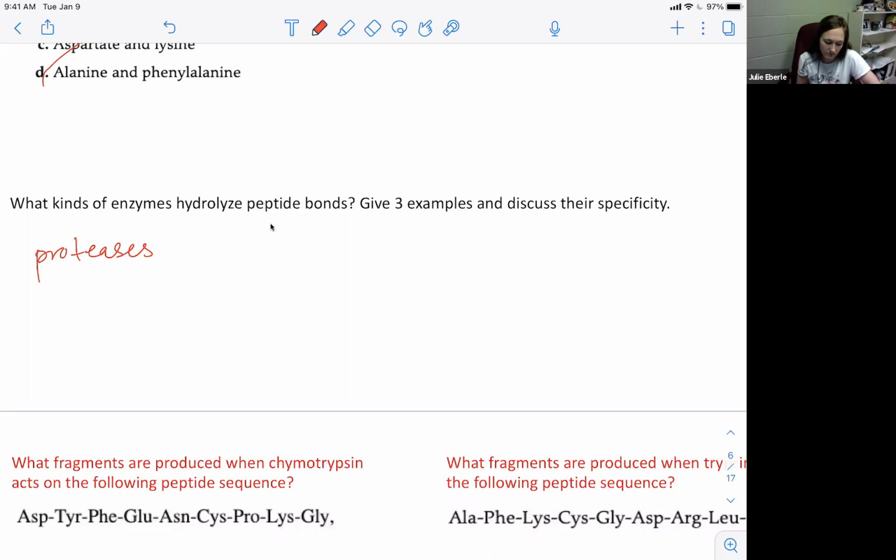Proteases. Okay. So proteases hydrolyze peptide bonds.